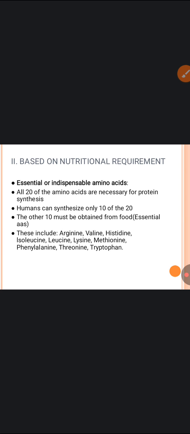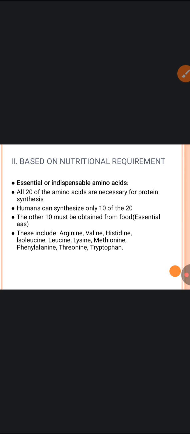Therefore, they need to be supplied through the diet. They are required for proper growth and maintenance of our body.